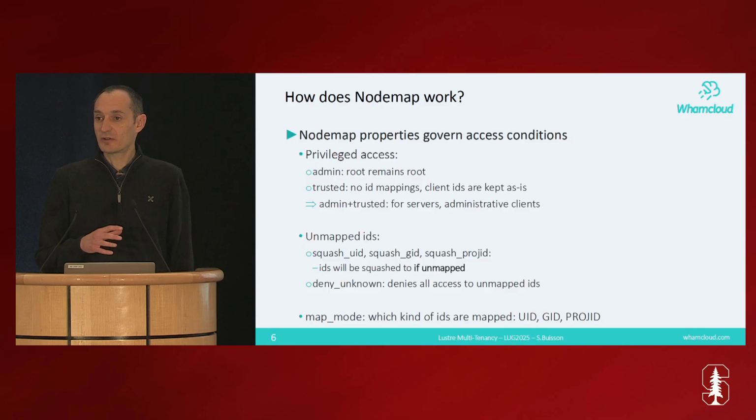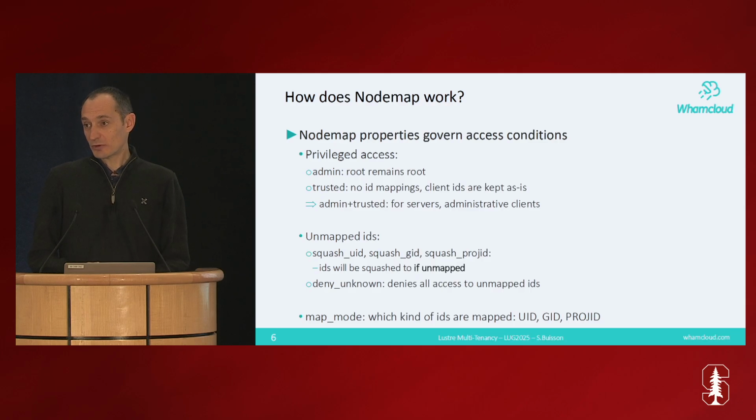So I said there are also a number of properties on each node map. You have two properties that govern privileged access. So you have admin. When this property is set to 1, it means that root on the client remains root on server side.